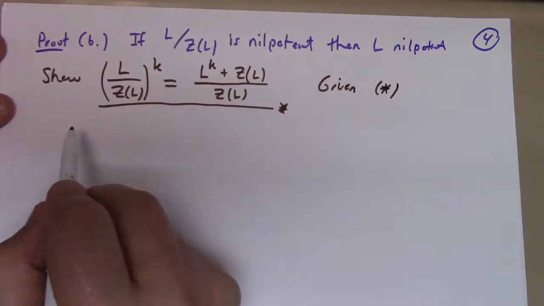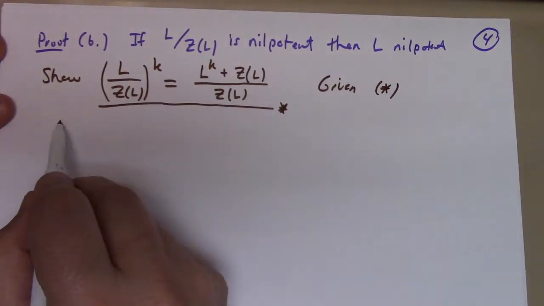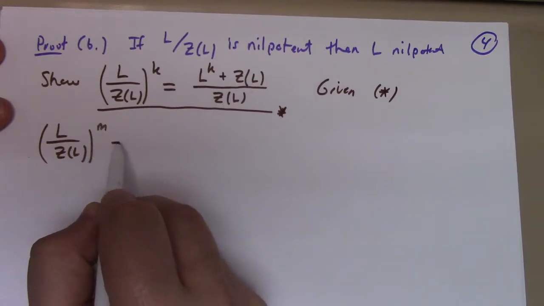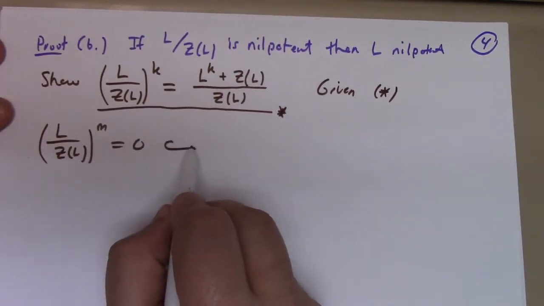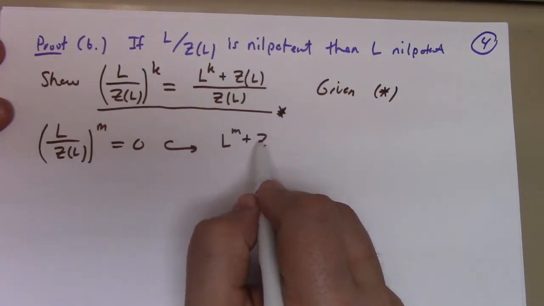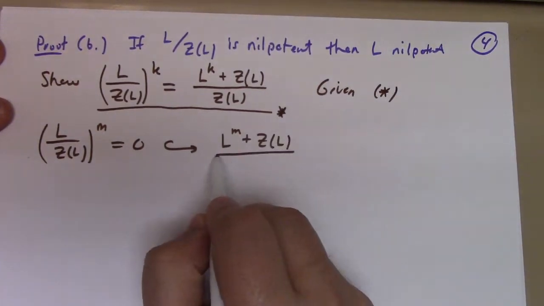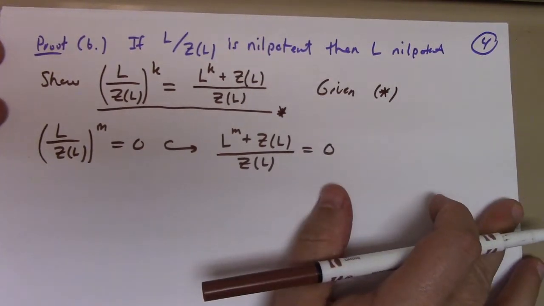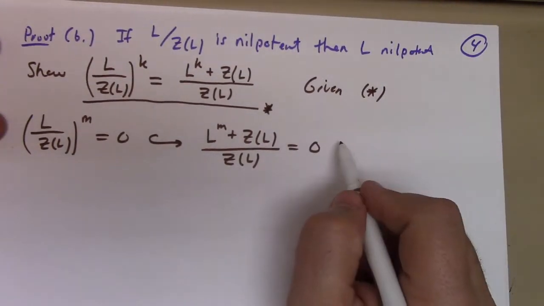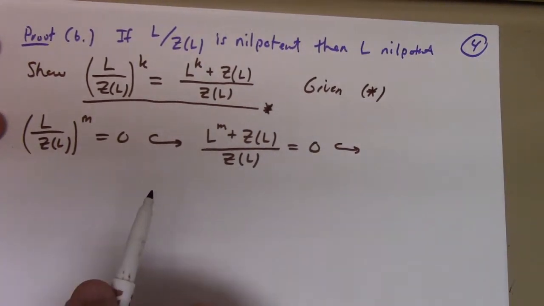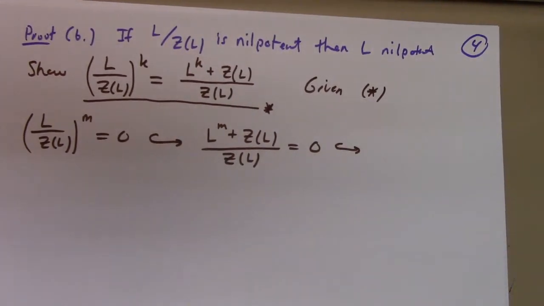Given star, you notice that if L mod ZL to the m equals 0, that would imply that Lm plus ZL mod ZL was equal to 0. Which would actually tell us what? That Lm is 0.